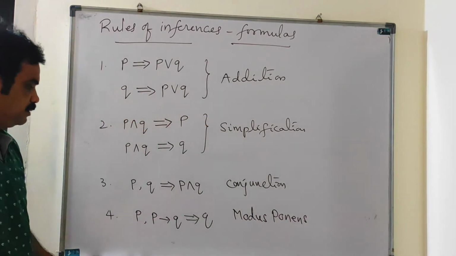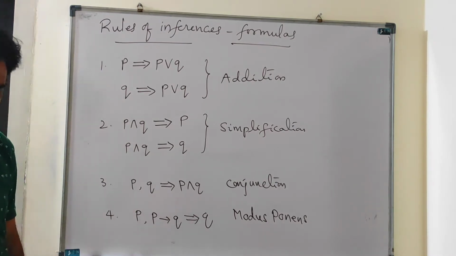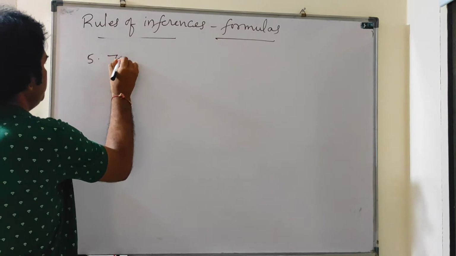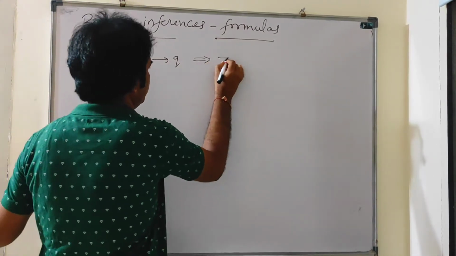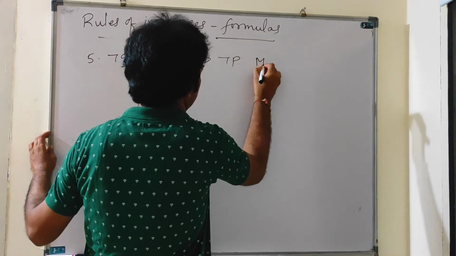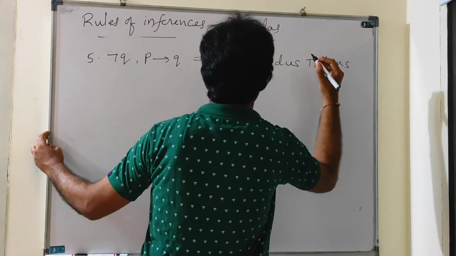Next, negation Q, P implies Q, imply negation P. This rule is known as modus tollens.